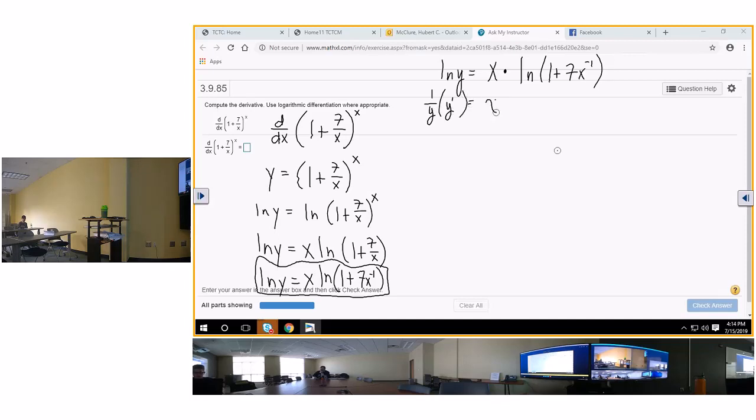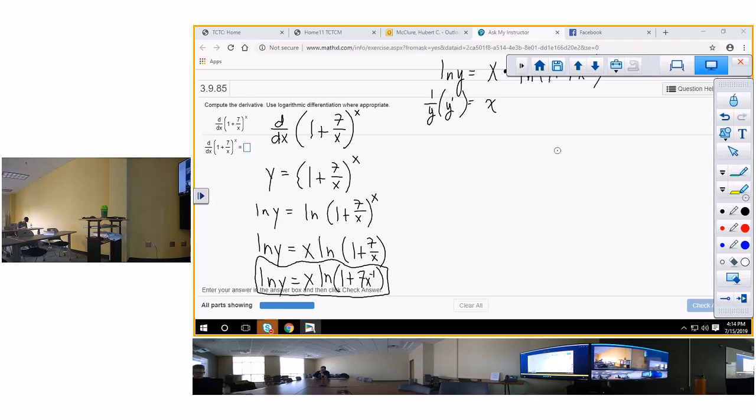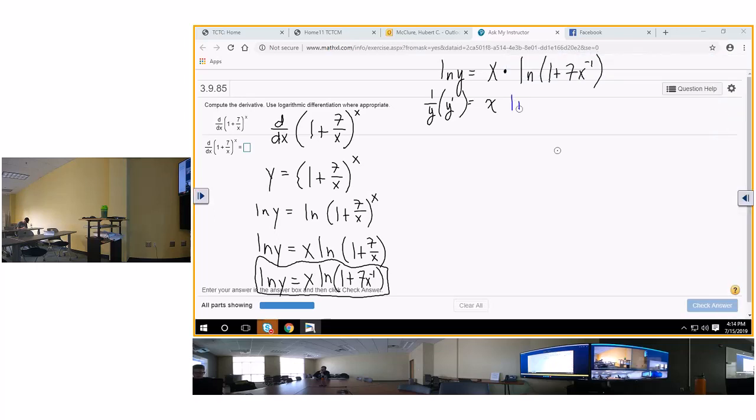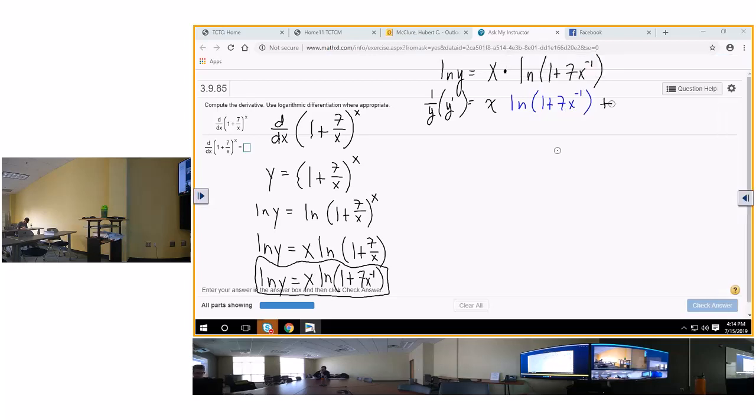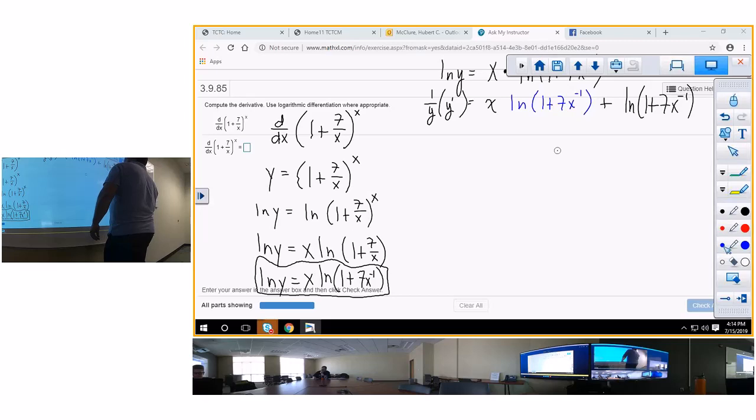First times the derivative of the second plus the second times the derivative of the first.